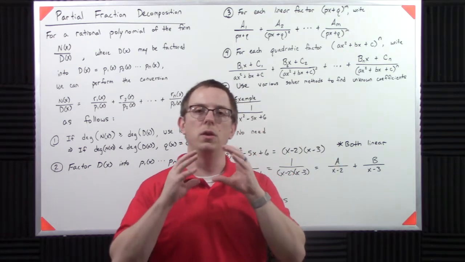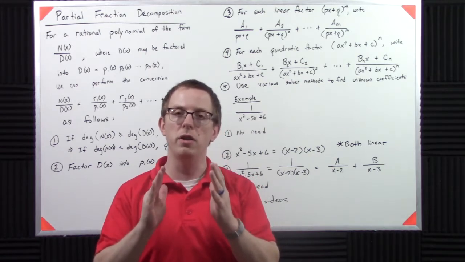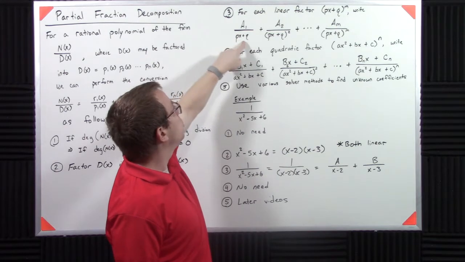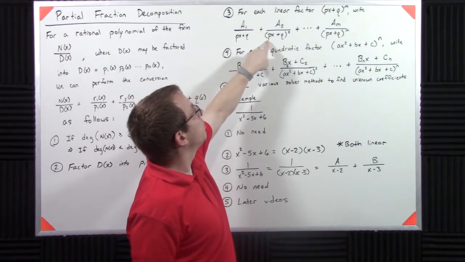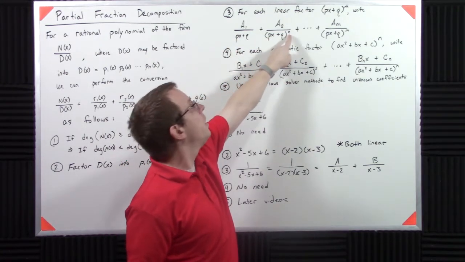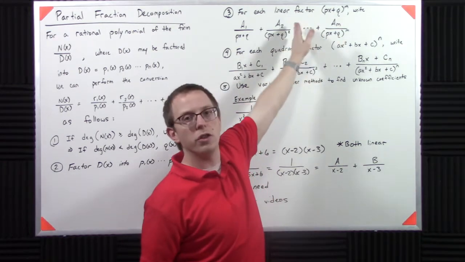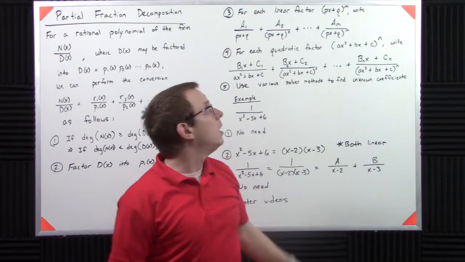So if the factor was 2x plus 3 to the 5th, we'd have a separate fraction for 2x plus 3, a separate fraction for 2x plus 3 squared, and a separate fraction for 2x plus 3 up to the 5th. Obviously the 3rd and the 4th would be there too.